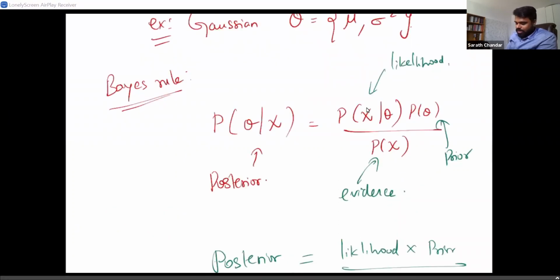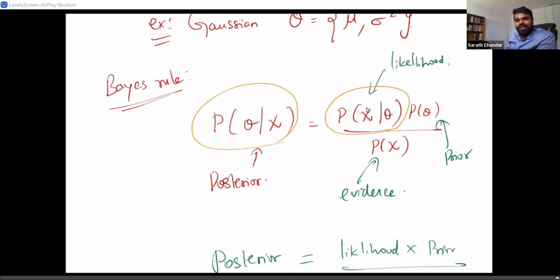And if we look at what we have done so far from this point of view, we took P of x given theta and we were maximizing P of x given theta, right? But if we start thinking from the Bayesian way, then what we care a lot about is P of theta given x.